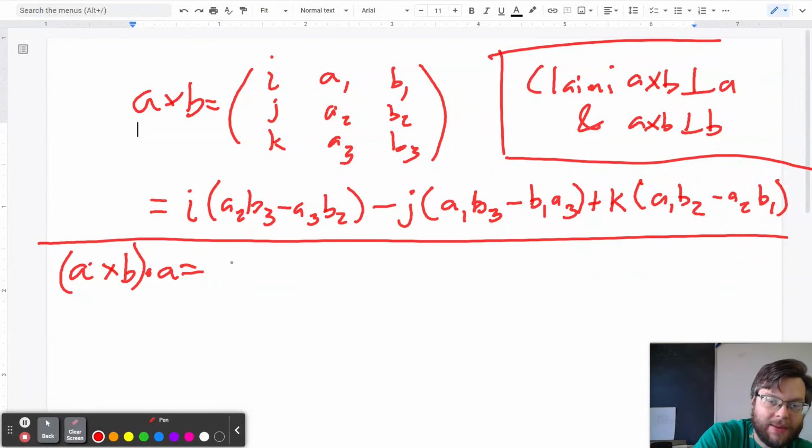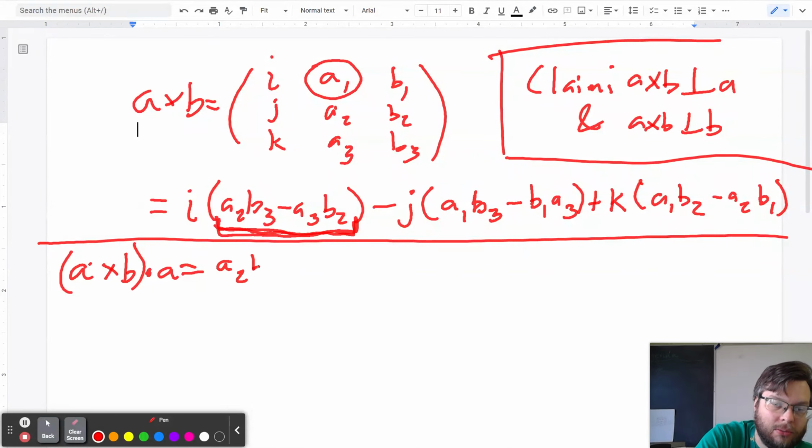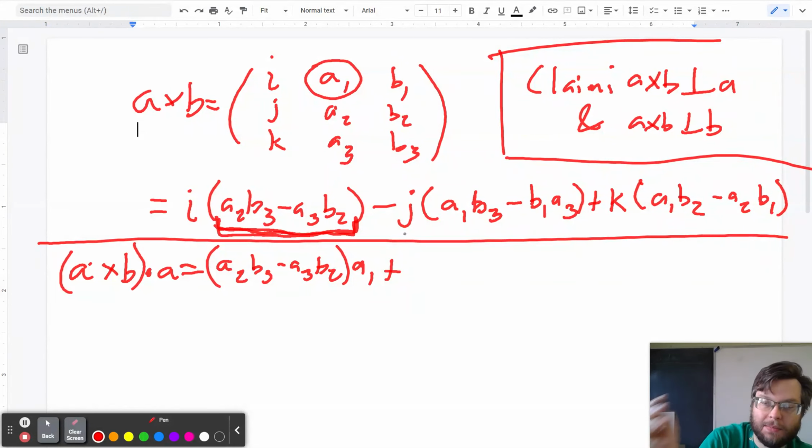So what does that mean? Here is the first component of the cross product, and here is the first component of A. So I'm going to do A2B3 minus A3B2 multiplied by A1. I'm going to add then the next piece, because the dot product just says you do x times x, y times y, z times z.